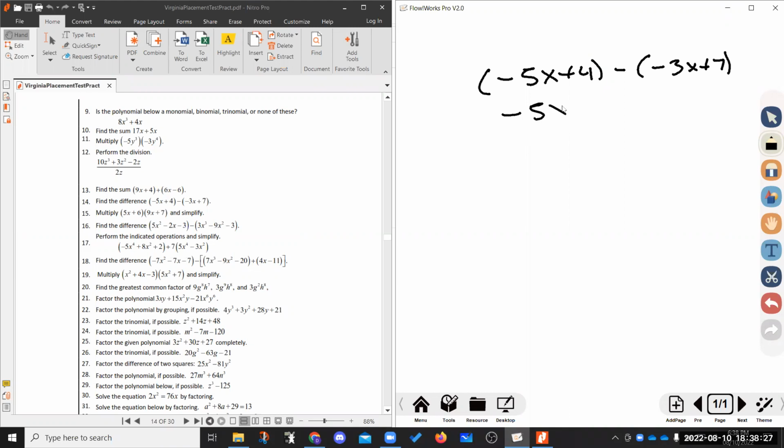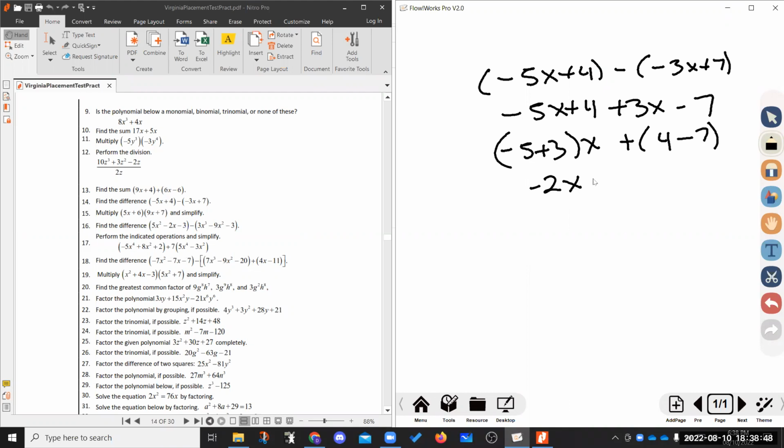It's going to be negative 5x plus 4, minus a negative 3x is plus 3x, minus a positive 7 is minus 7. So we're going to get negative 5 plus 3 for our coefficient on x. We're going to get 4 minus 7 for our constant. This is going to be negative 2x minus 3.